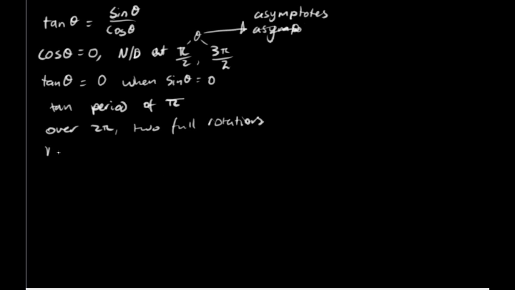Our range is all real numbers, and we have x-intercepts at x equals 0, pi, and 2 pi.